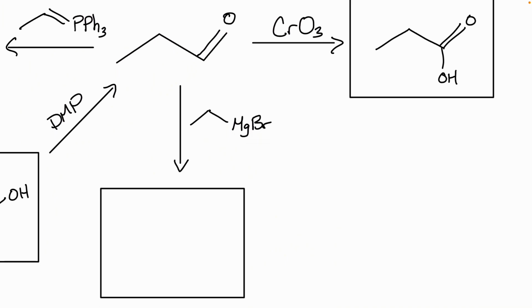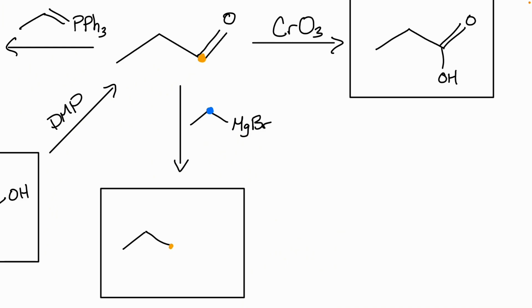All right, MgBr, our Grignard reagent, one that we've sort of beat to death here. We're going to be creating a new bond between our carbonyl carbon and the carbon at the base of our magnesium here. So I'm going to start by drawing those in. This is my orange carbon here.